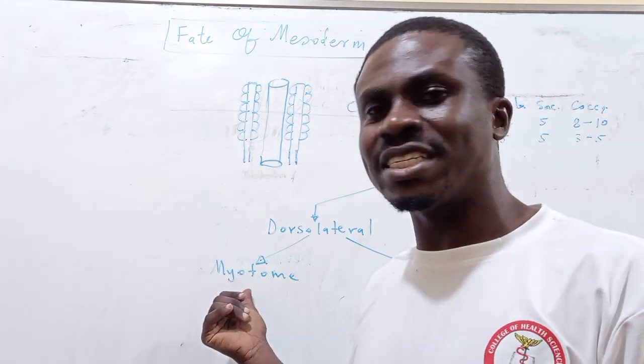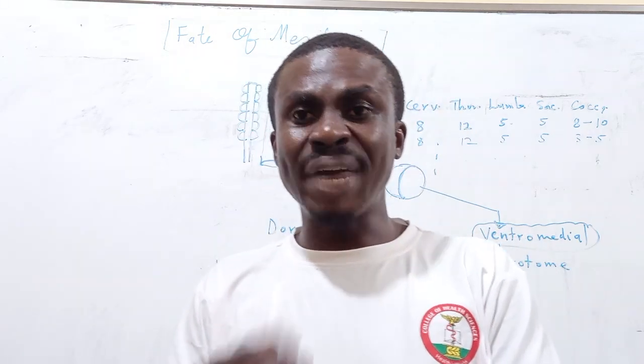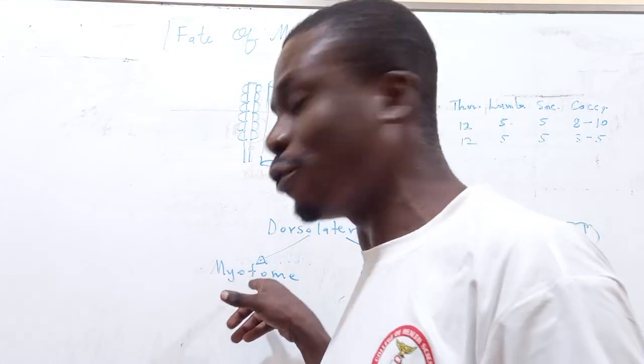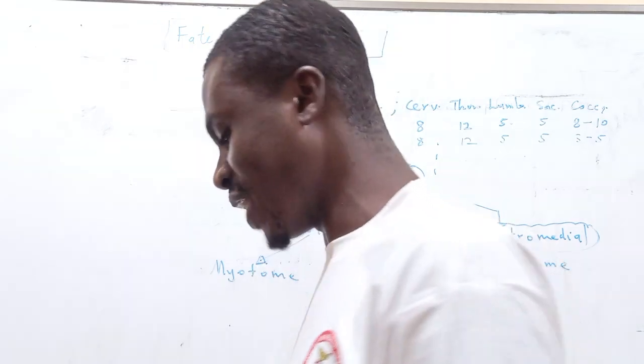Because my friends, the point is that when we say myo, it has to do with muscle. Myotome has to do with muscle. And that is why I want you to know that this myotome is the one which also differentiates. Let me tell you that first.